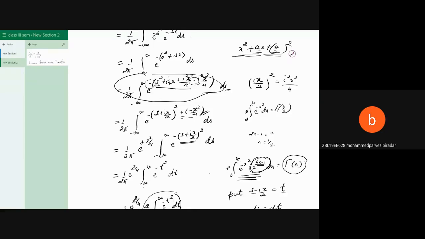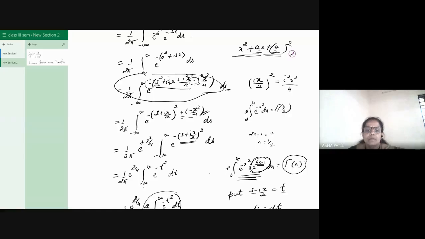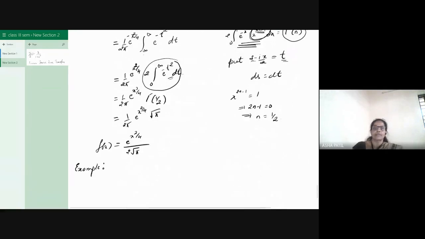Then i square is equal to minus 1. If you write minus there, then everywhere you have to write minus. Bring minus outside. It is minus x square. Everywhere you write the answer as e raised to minus x square. Okay, thank you. It is e raised to minus x square by 4 under root 2 by 5.